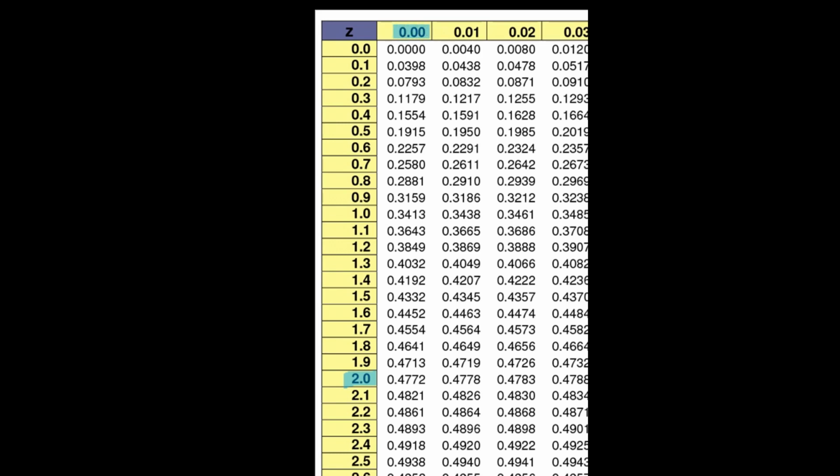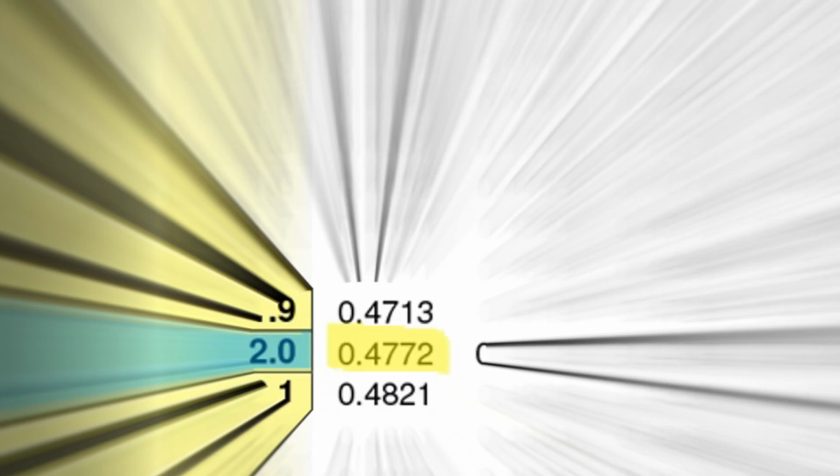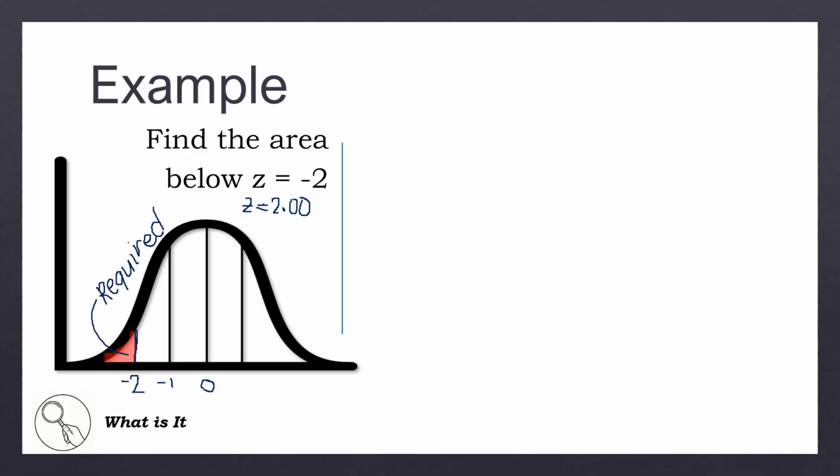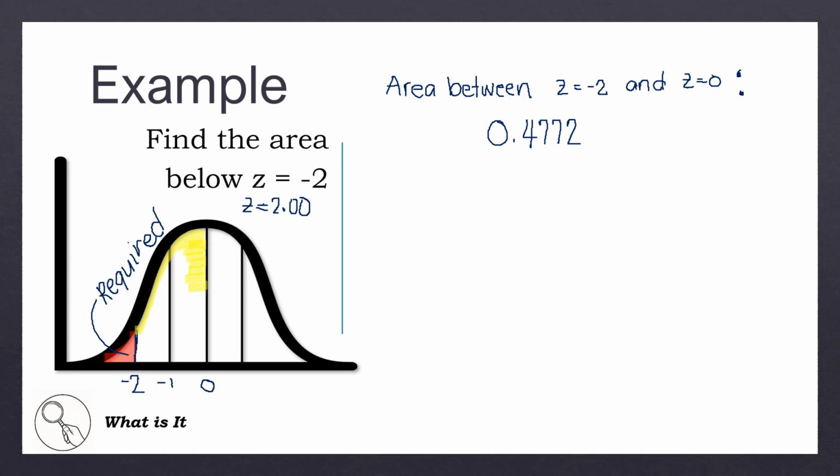The intersection of z-score value of 2 was found to be 0.4772. Ang tanong, ito na ba ang area below z equals -2? Hindi pa ito ang area na hinahanap natin. 0.4772 is the area between z equals 0 and z equals -2.